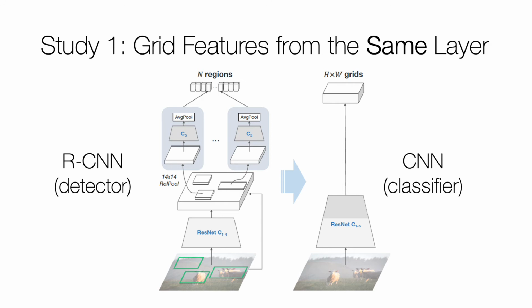Specifically, we feed in the same input image with the same processing and use the same layer, which is the last convolution layer of ResNet, to extract grid features. The H by W number of grid features are then used to jointly represent the image.